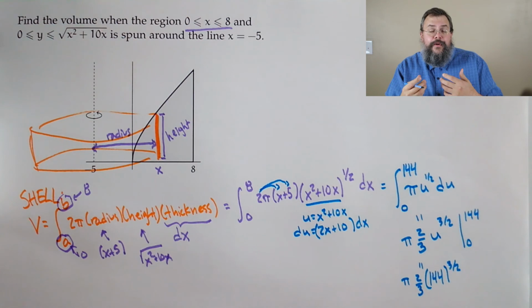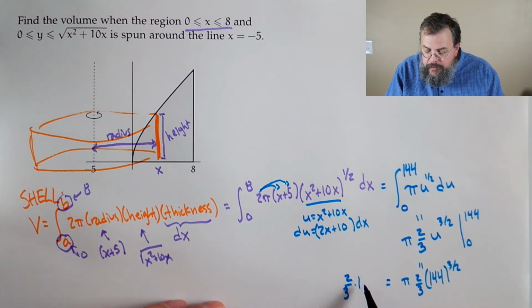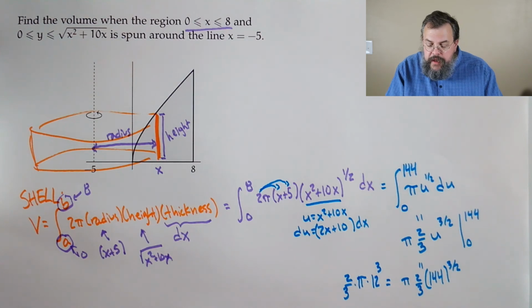Well, 144 is 12 squared. So you could say, hey, this is really 2/3 times pi, don't forget the pi, times the square root of 144 is 12, so times 12 cubed. Okay, well, that's something.